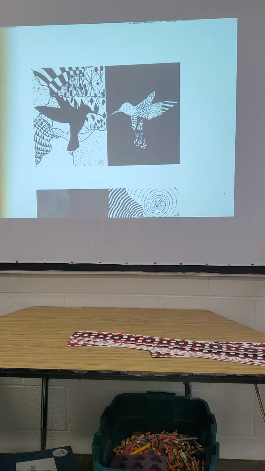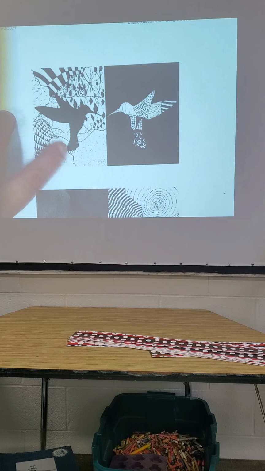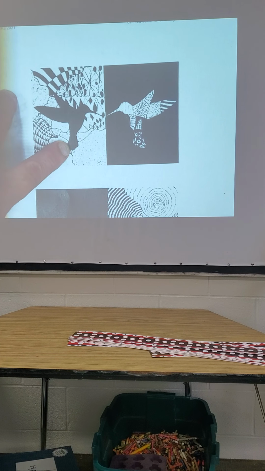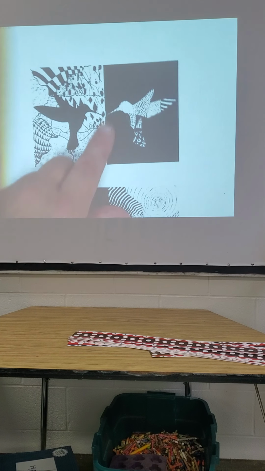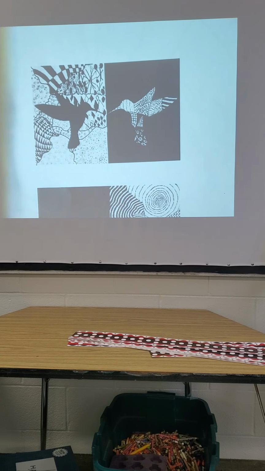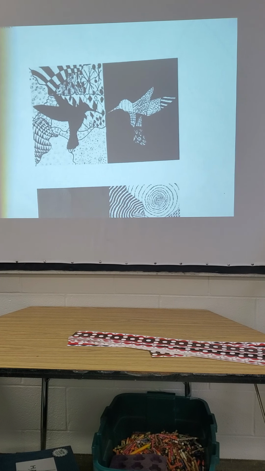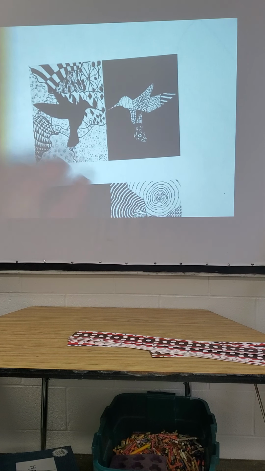So you can see we have the one side where our Zentangle designs are. We are going to be cutting our shape out using an X-Acto knife, and it's going to go on black paper. And then on the other side, it's going to be the black paper. We're going to have a cutout of our design flipped, and we're going to do the Zentangle on the animal on that side. So we're doing positive and negative space.